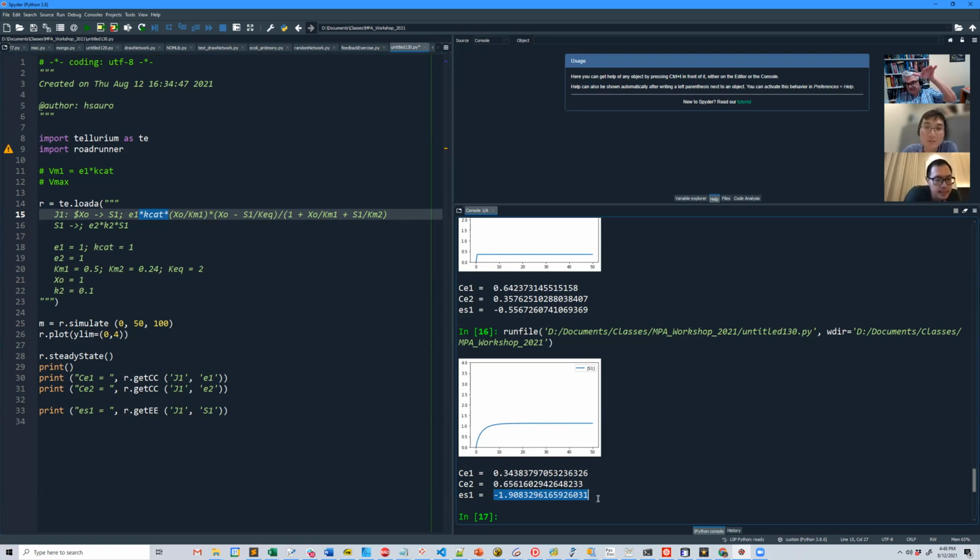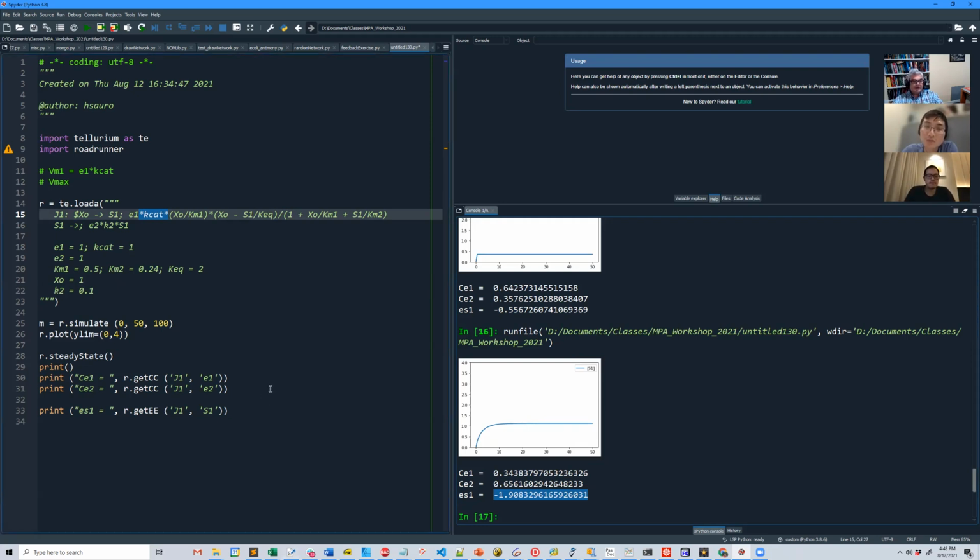E1 wants to increase the flux. S1 decreases the flux. So you have this balance between the two. If S1 is not very effective, then you get the full effect from E1. If S1 is very effective at inhibiting V1, then it'll neutralize any effect E1 has.